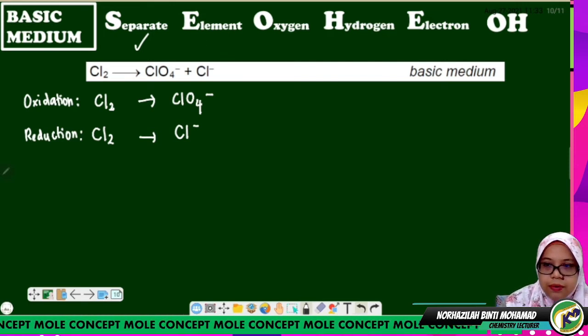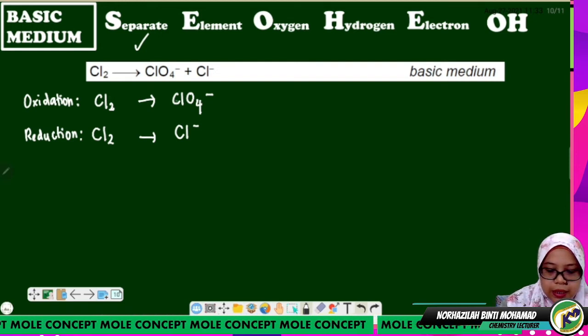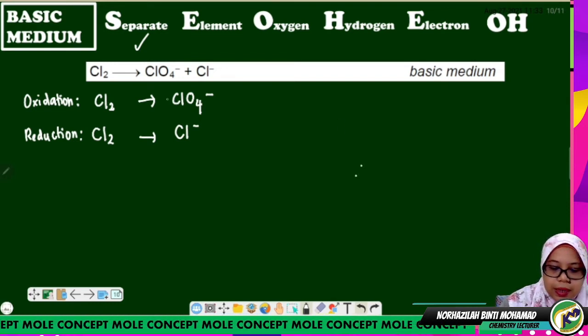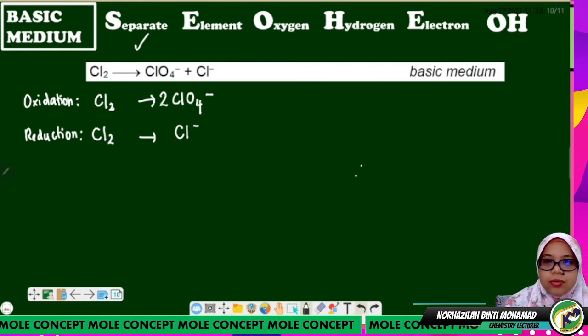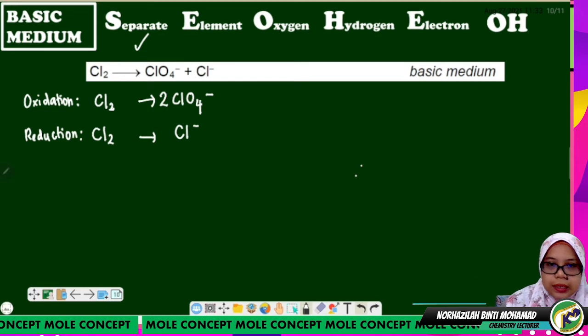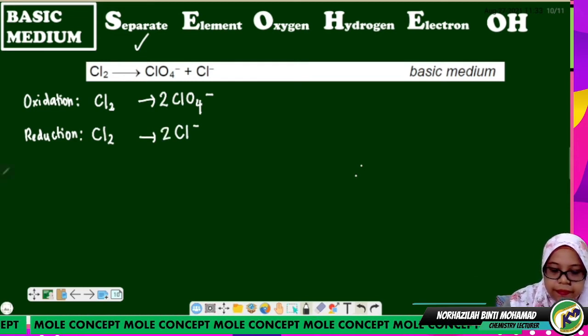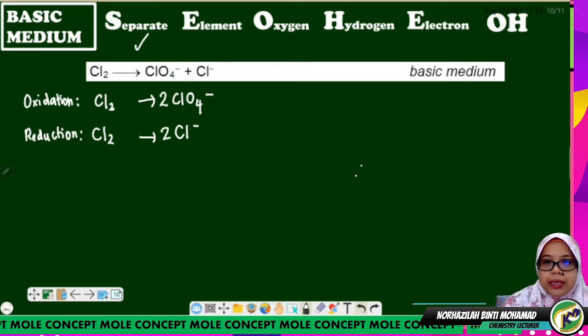Right now for Cl in the oxidation, I have 2 on the reactant, and on the product I have 1, which means I need to multiply by 2. So 2 ClO4 minus, and for reduction, same, 2 Cl minus.